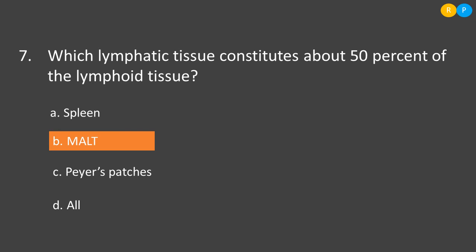So these are the major tissues present in our body to effectively fight the antigen. Clear, right? So the correct answer is MALT. Then option C, Peyer's patches. So Peyer's patches are present in the large intestine. So they are part of the large intestinal organ. Then option D, all. So the correct answer here is mucosal associated lymphoid tissue.